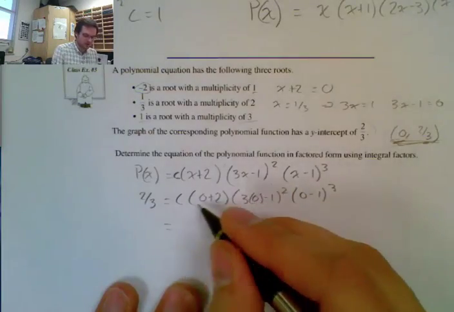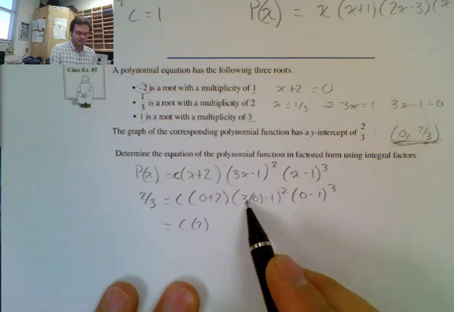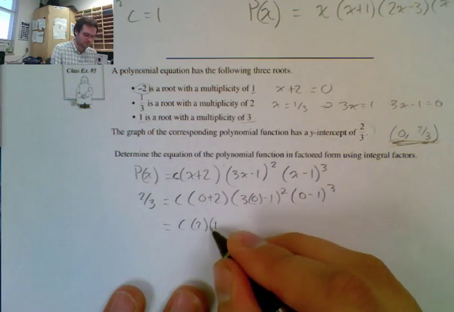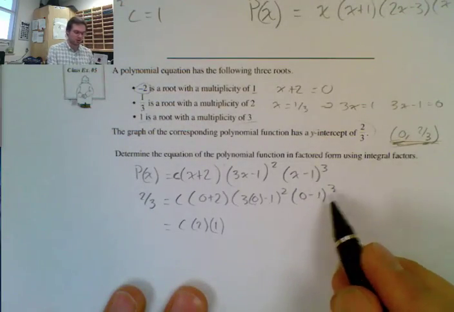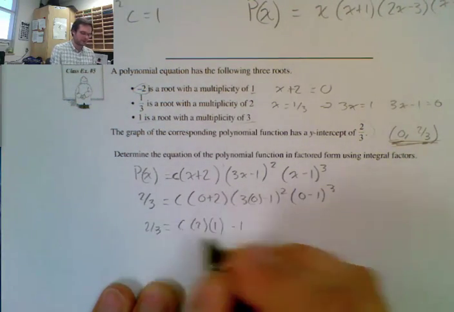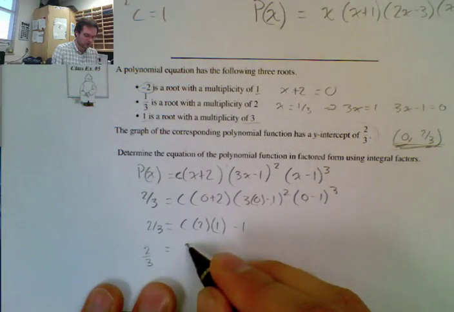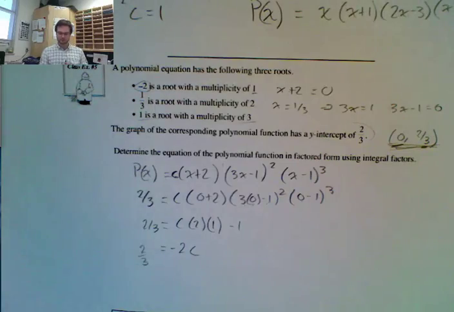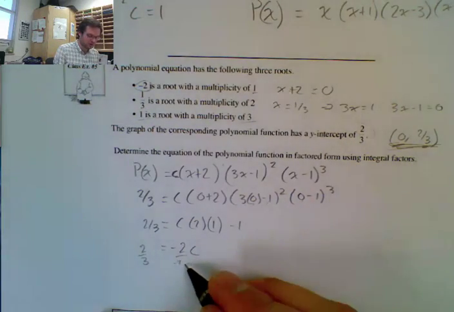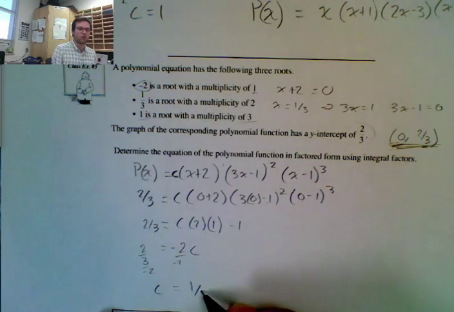This is going to be c multiplied by 2. 3 times 0 is 0, minus 1 squared is going to be 1. And then we have minus 1 cubed is negative 1. So here we end up getting 2 over 3 is equal to negative 2c. Now I divide both sides by negative 2, and I end up getting c is equal to negative 1 over 3.